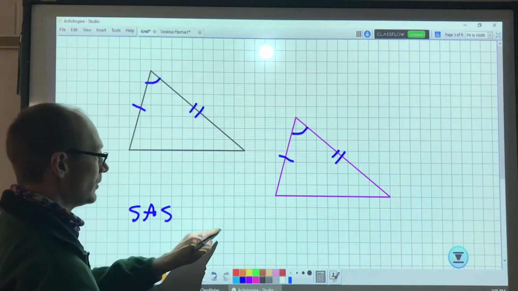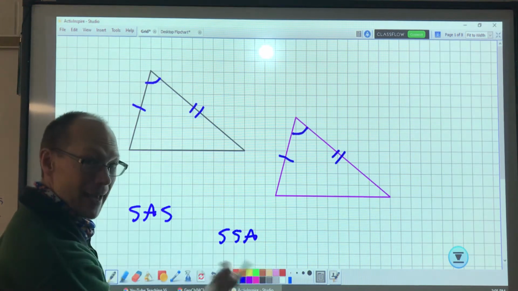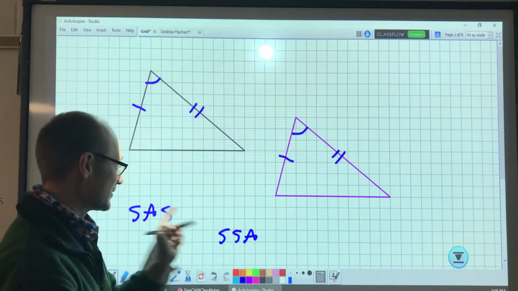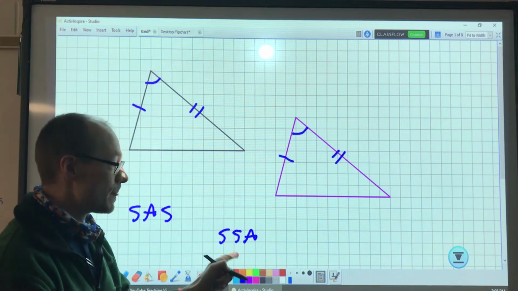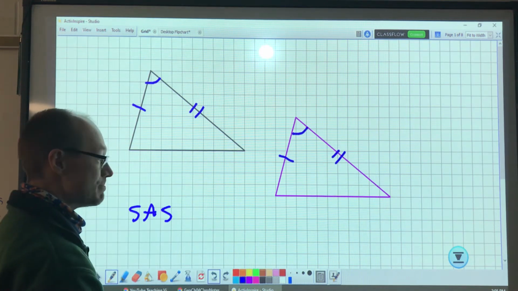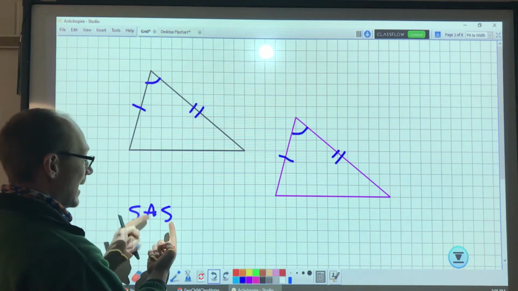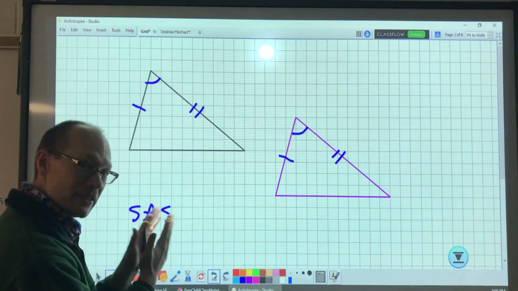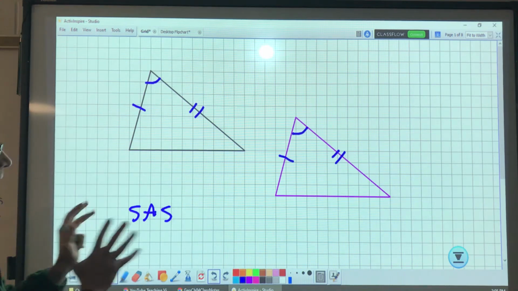That's very different than side, side, angle, which makes a bad word if you reverse it, which is how we remember that this is not the same as this and this isn't something that works in geometry. It doesn't work. We can't use that one for reasons that we may be able to show in a video later. But this side, angle, side is where the angle is between, we say included between them. So that's what we have right here.